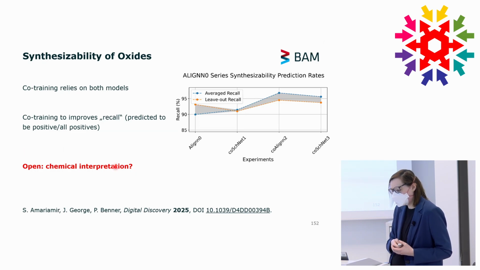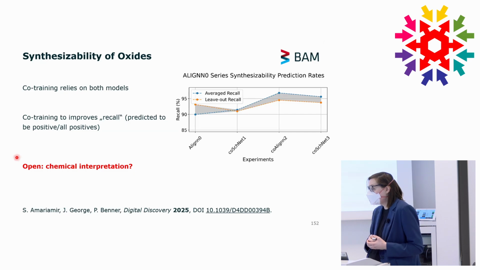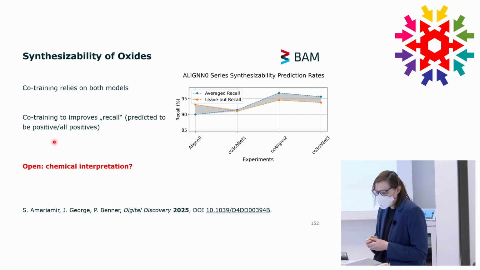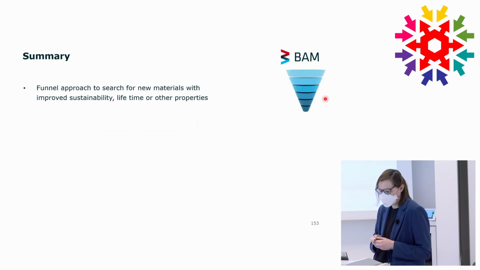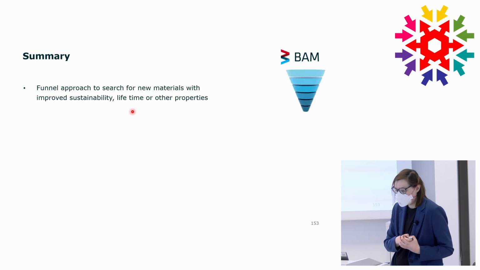One thing that's still open to me is how these models are actually connected to what we know chemically intuitively. We see with these models that we can improve the synthesizability prediction, but I would also like to connect this again to chemical knowledge. Summary.